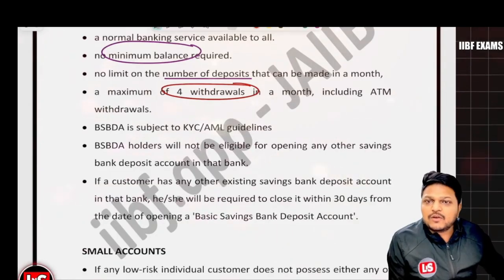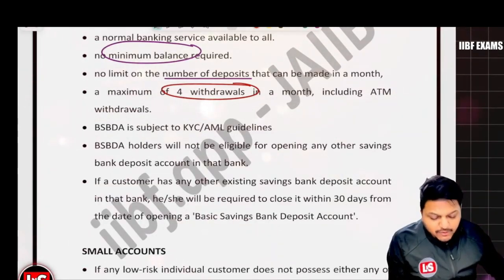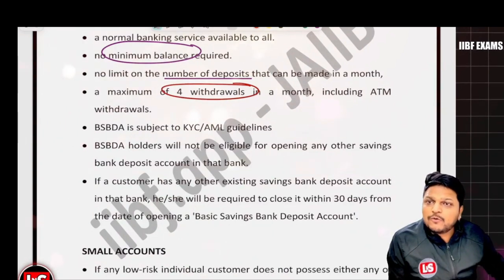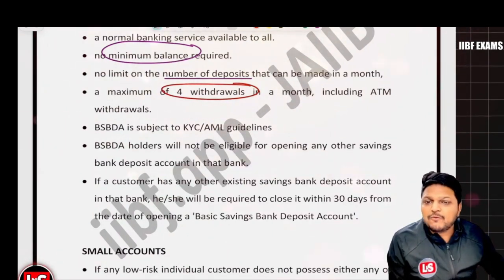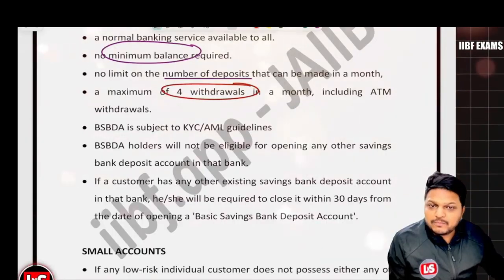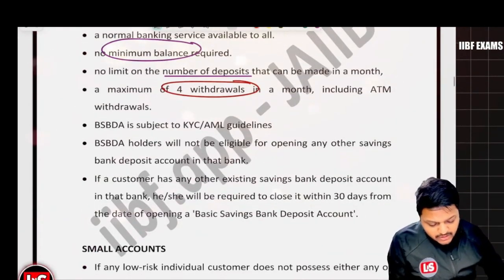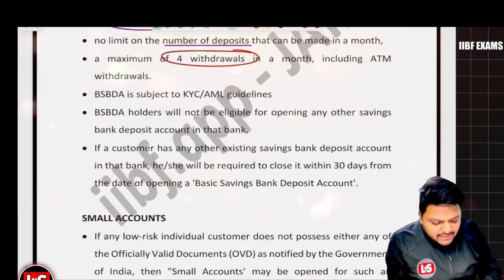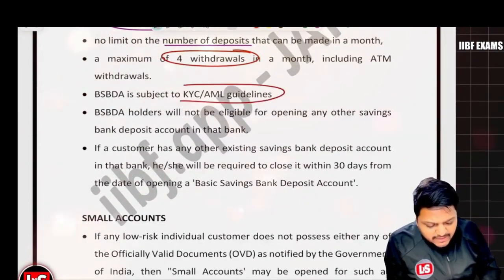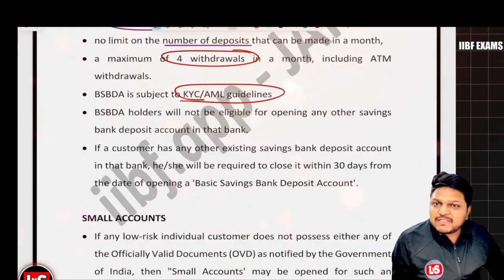So related to withdrawals, that's the restriction, that you can withdraw the amount only 4 times in the month, including the ATM transactions. Only 4 withdrawals are allowed. But related to deposits, there is no restriction. And further, BSBD is subject to KYC AML guidelines. If you have fulfilled the KYC AML guidelines, the due diligence is done properly, then it will be the BSBD account.